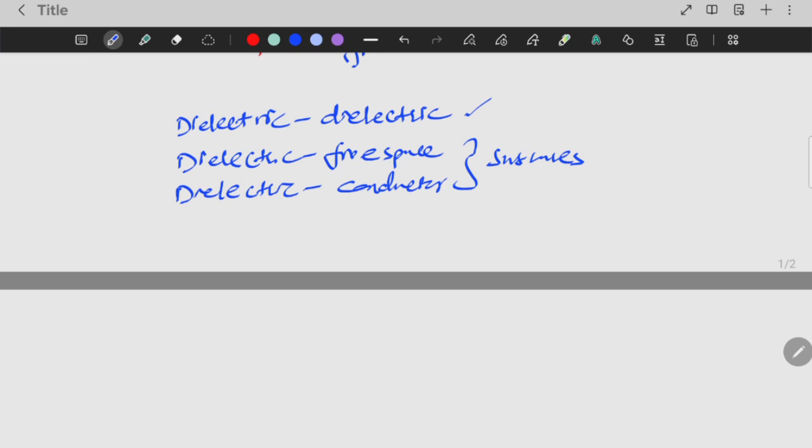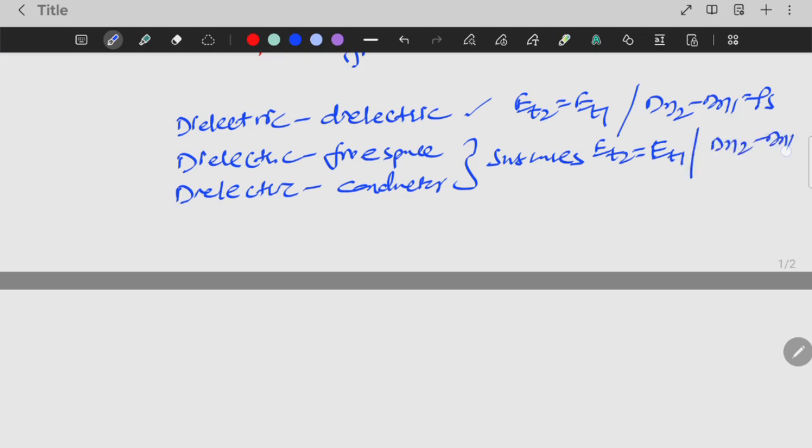The main thing is this one. So here you can take ET2 is equal to ET1, DN2 minus DN1 is equal to rho s. In the case of the second one, the same thing you can follow: ET2 is equal to ET1, DN2 minus DN1 is equal to rho s.